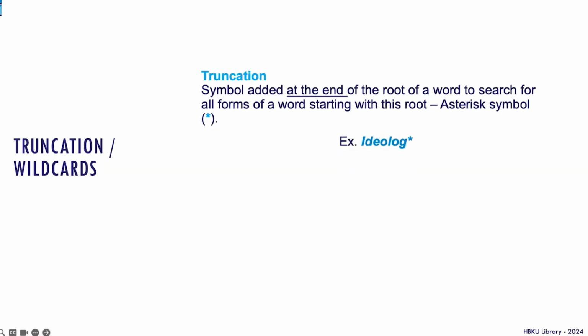Ideology, and then the asterisk. This way, the database will search for articles containing words starting with this root, and it could end with ideology, ideologies, or ideological. I'm broadening my results a little, allowing the database to give me more relevant articles instead of having to type every possible keyword starting with this root word.